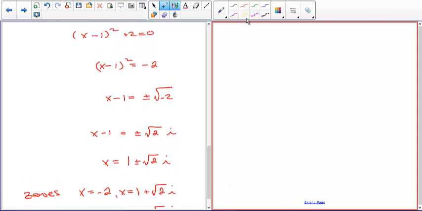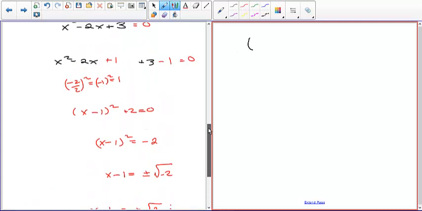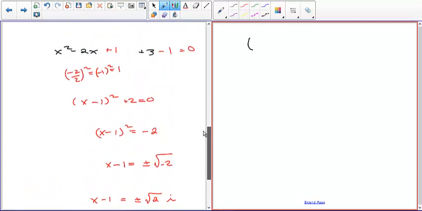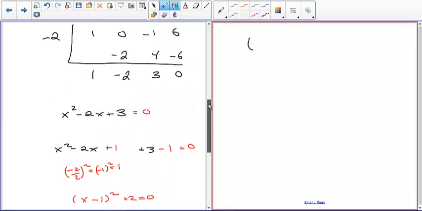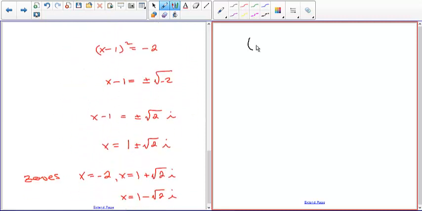So the original equation can be factored. The factors look like this. Those are the zeros, but the factors are going to be x plus 2 times x, and then we'll have minus the zeros.